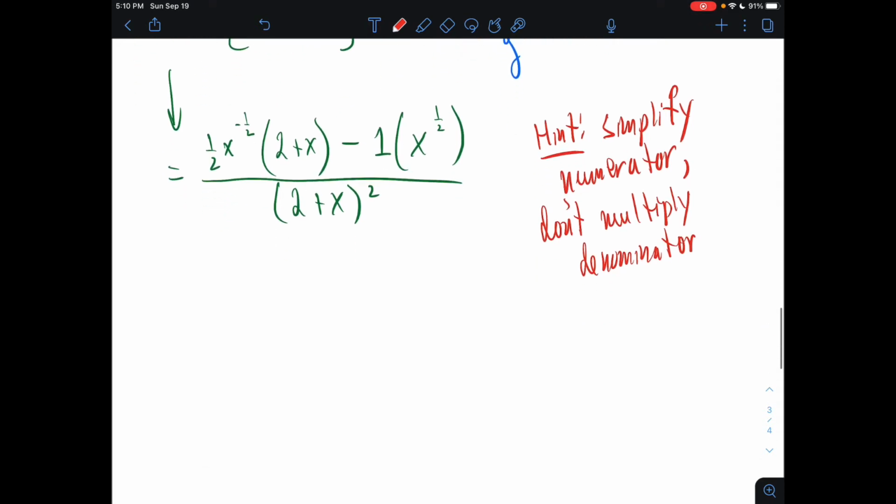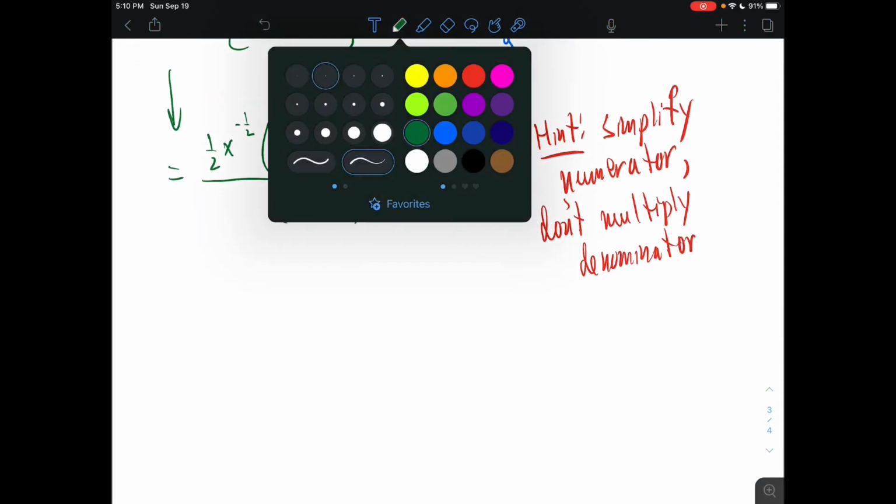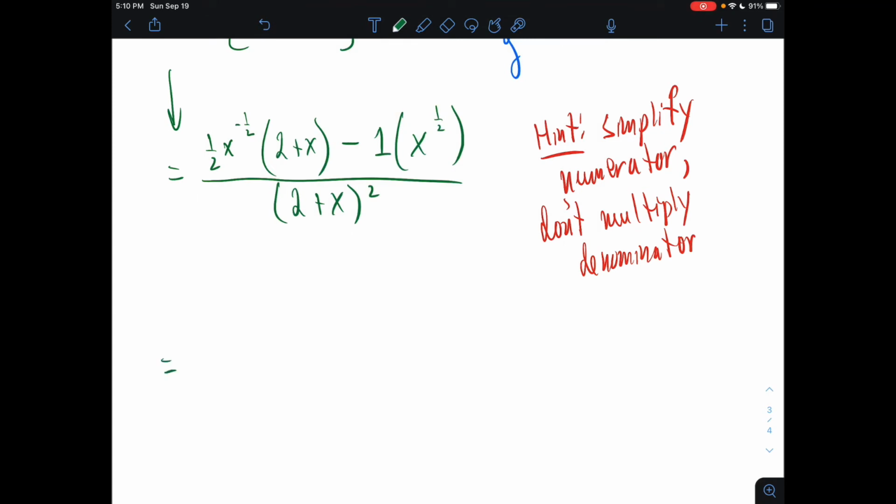So for now, let's just multiply out what we have. 1/2 x to the negative 1/2, I'll multiply that by 2. 2 times 1/2 is 1, so that just leaves us x to the negative 1/2. And then 1/2 x to the negative 1/2 times x, I'll get 1/2.